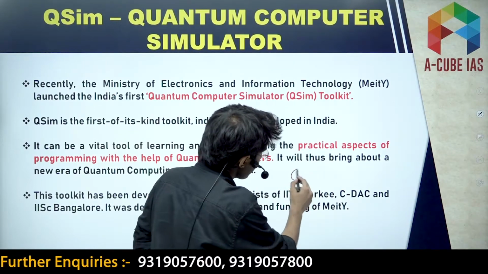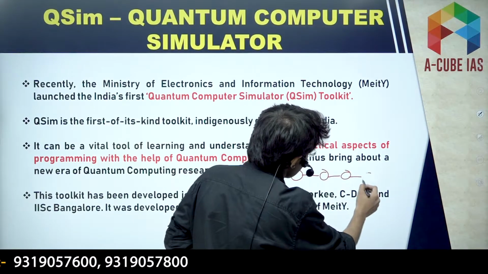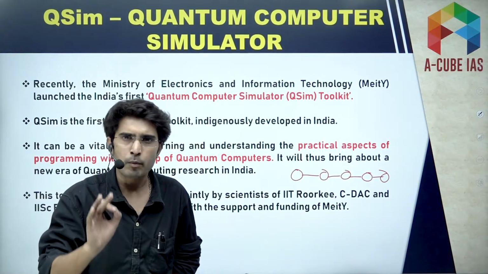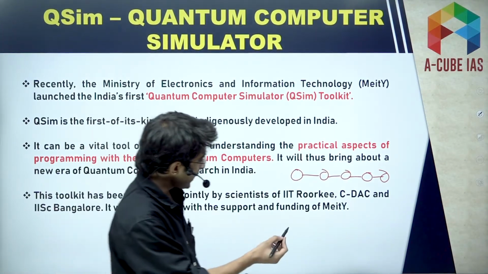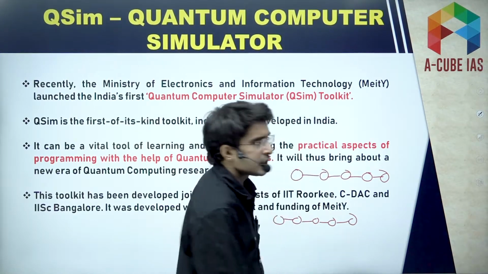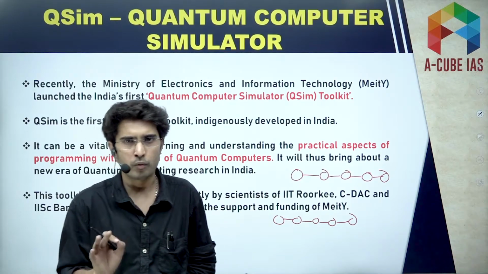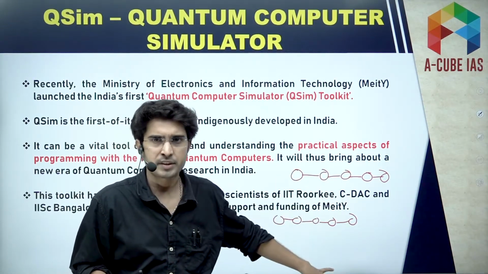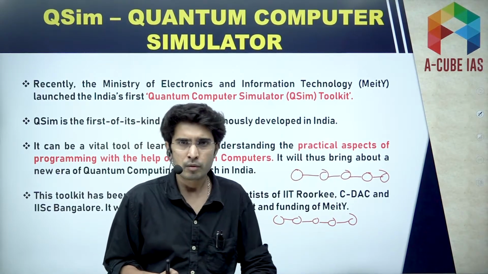When you link qubits, the processing of the computer increases exponentially. However, when you link bits, the speed is relatively lower. So this is the difference between qubits and bits. This is what you need to understand.